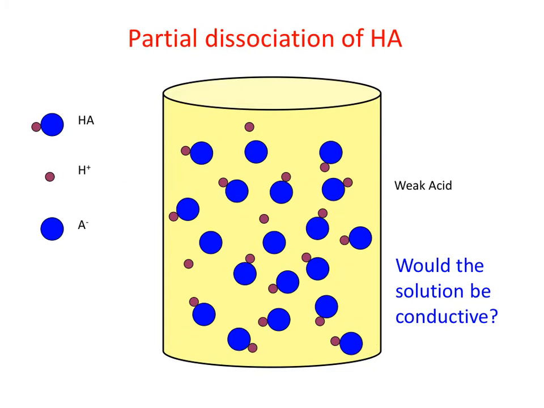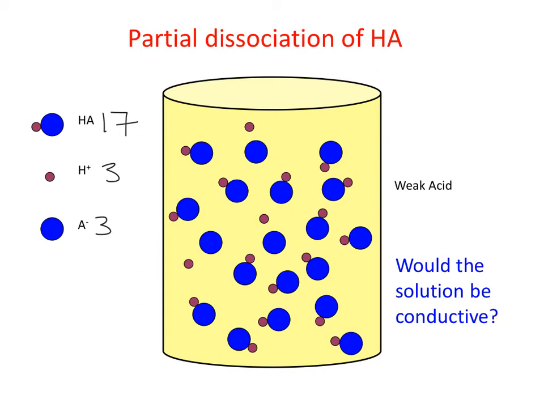Weak acids, which is every other acid than the few that I'll tell you for strong acids, dissociate only a small amount. So in this case, if we started out again with 20 HA, I'm going to say we have 17 HAs left, and then 3 of each of those.